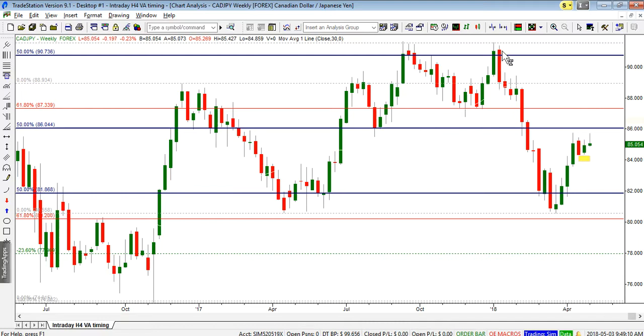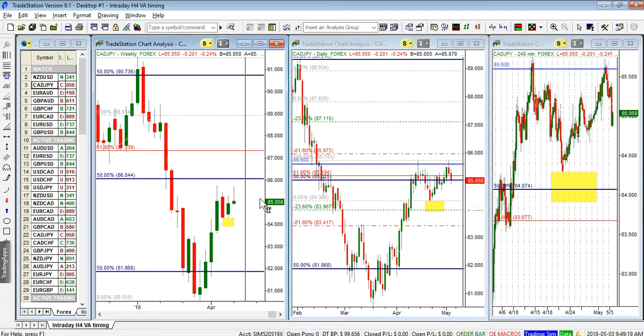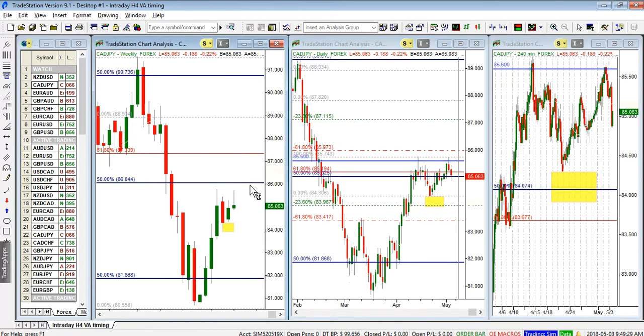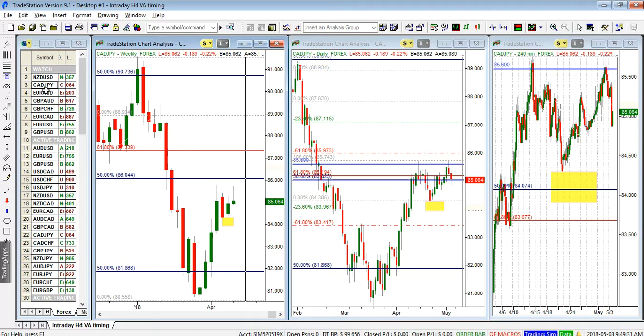The larger time frame has pushed this market lower. So if we get into 86.04, that could be an opportunity for a short. Now this market has put a double top here, so it might never get to that level, but that's the safest entry.